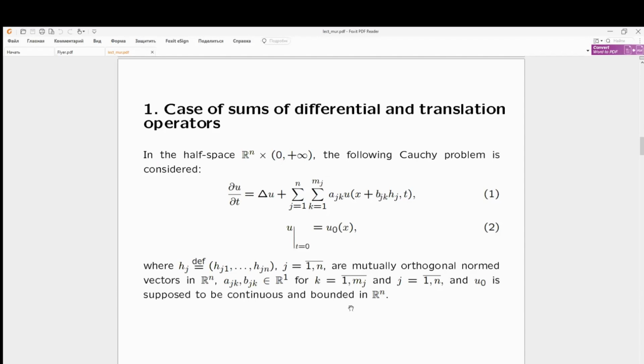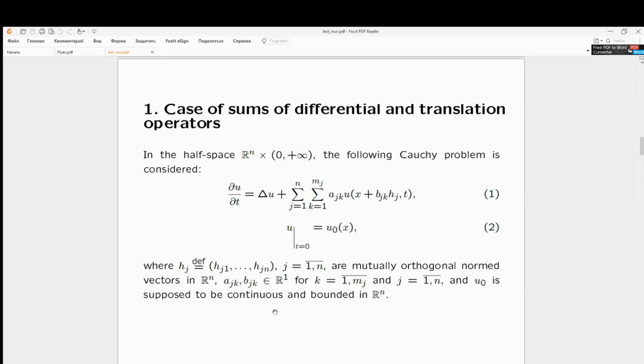Let us consider the first case of parabolic differential difference equations. Consider equations of type 1.